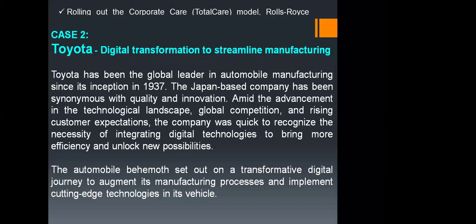The automobile behemoth set out on a transformative digital journey to augment its manufacturing processes and implement cutting-edge technologies in its vehicles. So they were the first to implement any kind of advancement in automotive technology.